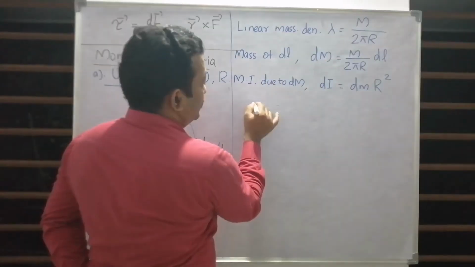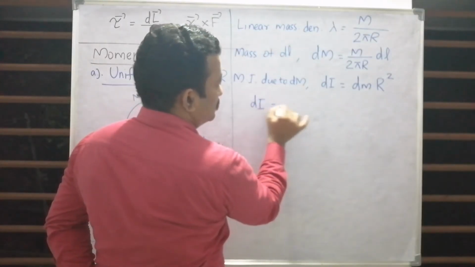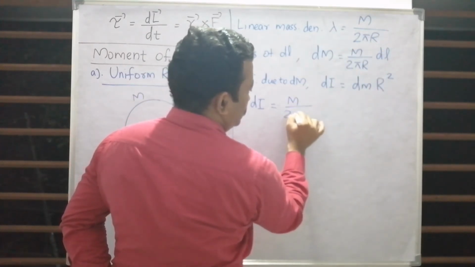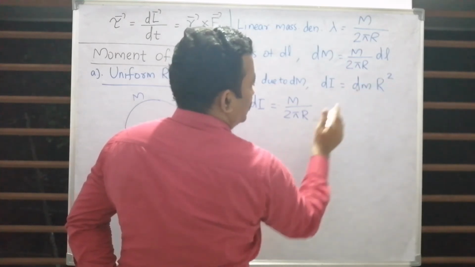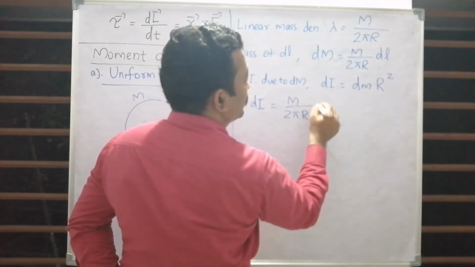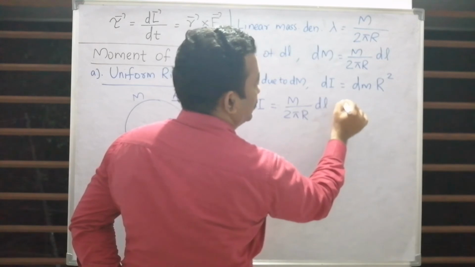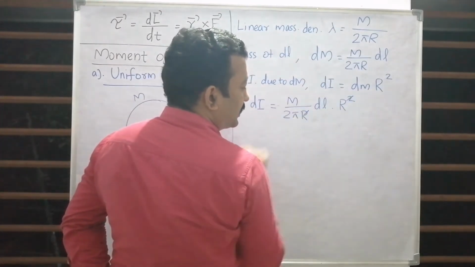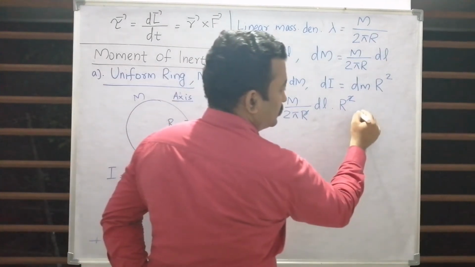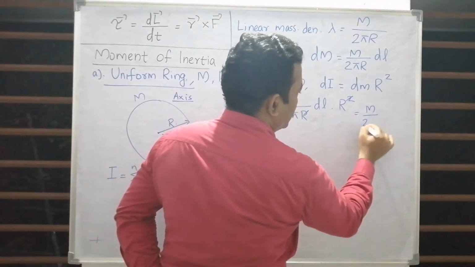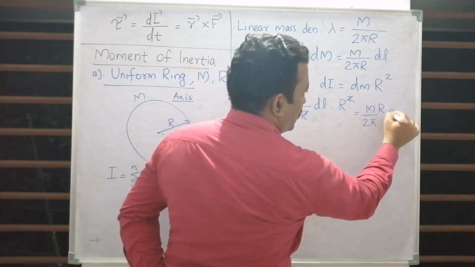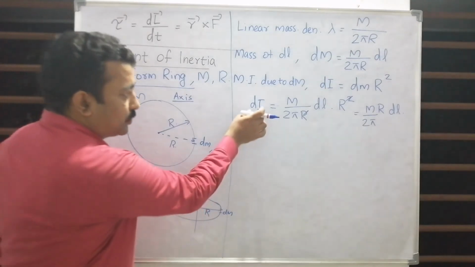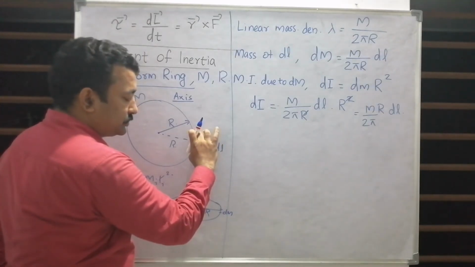So substituting, dm is m divided by 2 pi r multiplied by dl into r square. So this r and r can be cancelled. This is equal to m r by 2 pi into dl. So I got the small elemental moment of inertia due to the dm.